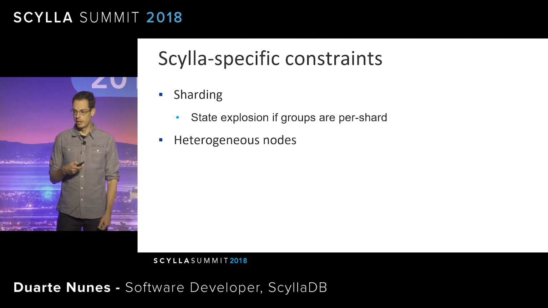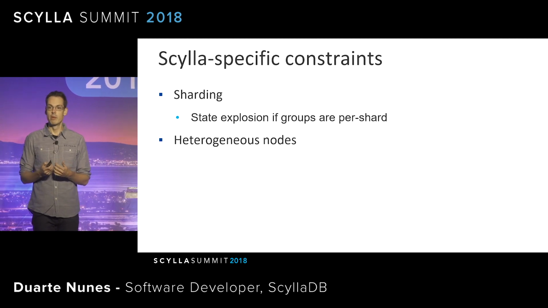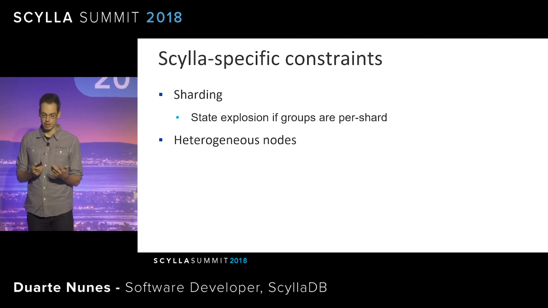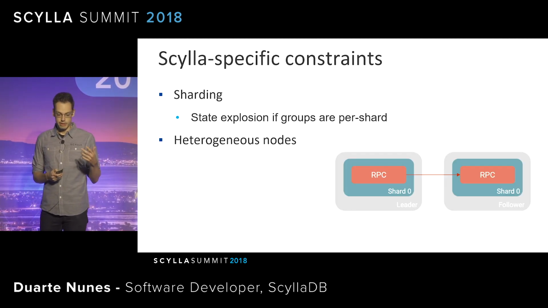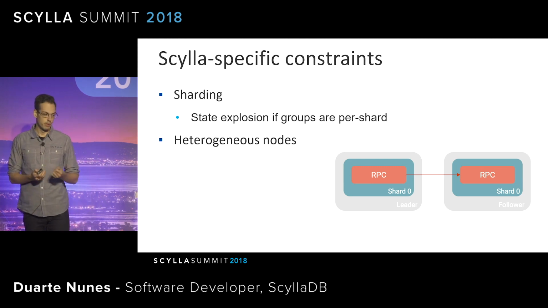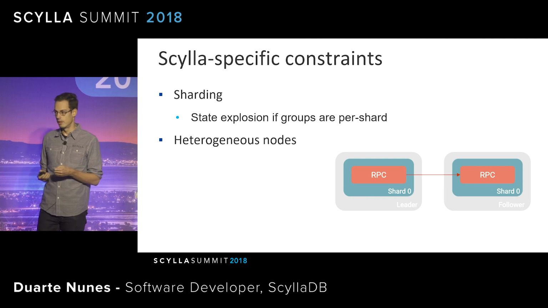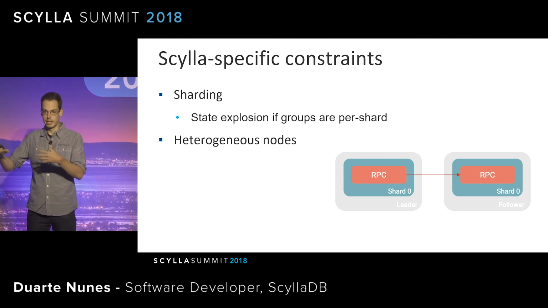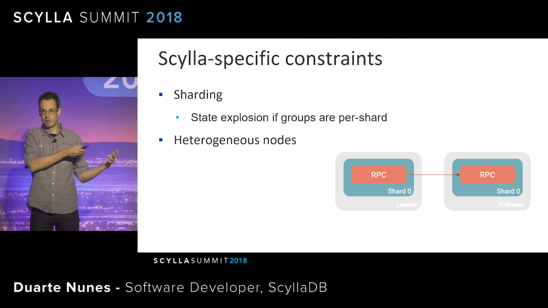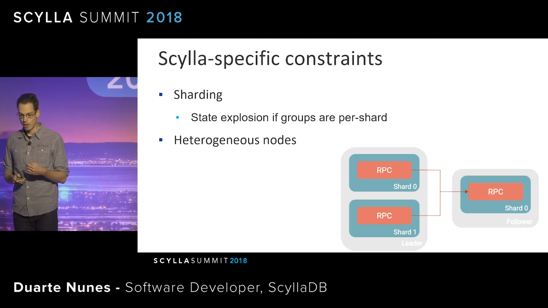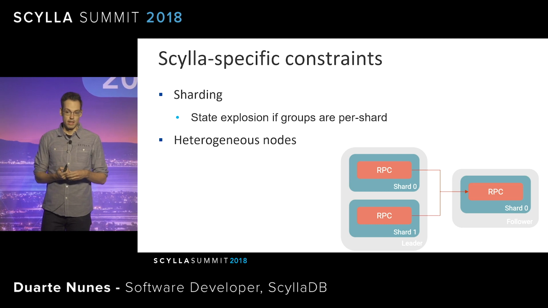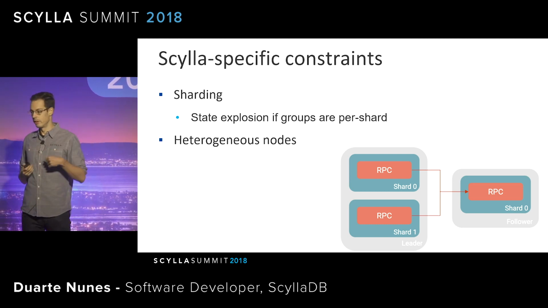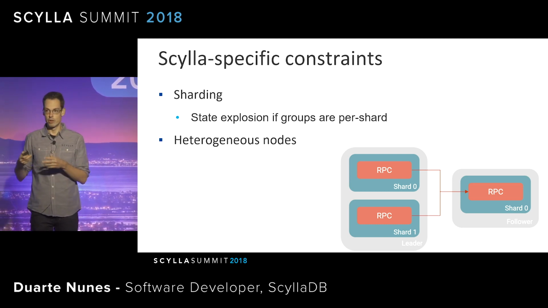Another issue is heterogeneous clusters, where different nodes have different shard counts. So in the typical case of a homogeneous cluster, one leader shard will talk to one follower shard, and that follower shard will contain an exact copy of the state of the leader. However, it can be the case that we have heterogeneous nodes, and now two leader shards are sending commands to the same follower shard.